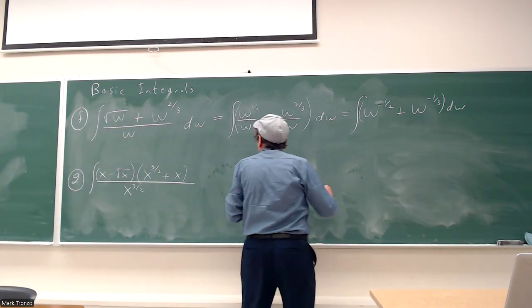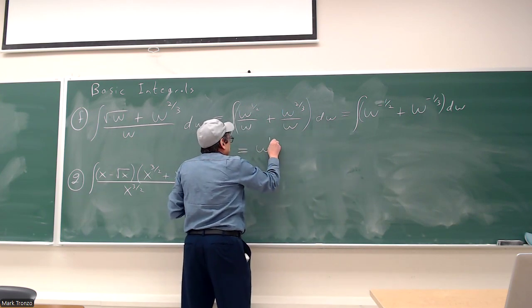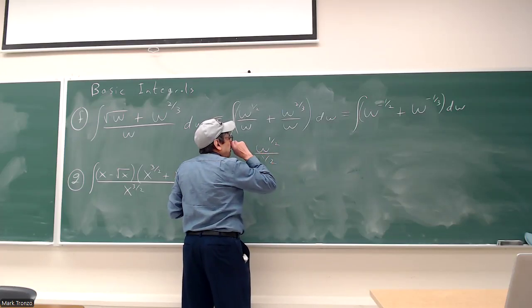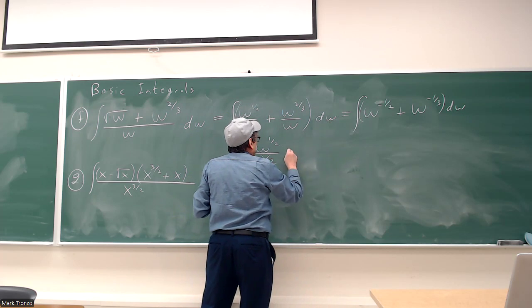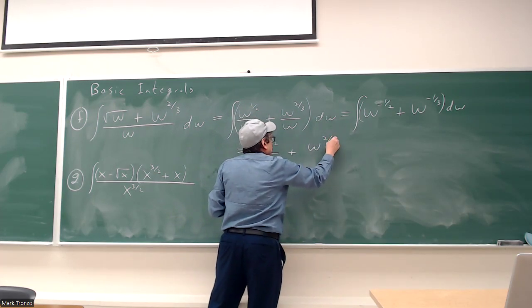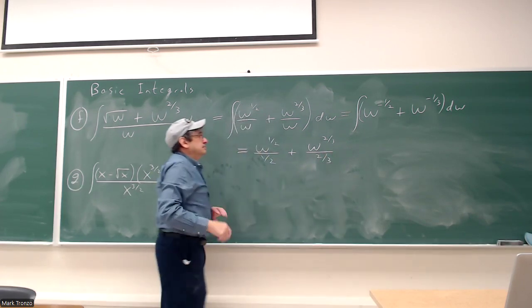And again, if we integrate this, then over here, add 1 to the exponent, which will give us W to the 1/2 divided by 1/2. If we add 1 to the exponent there, this is going to give us W to the 2/3 divided by 2/3.